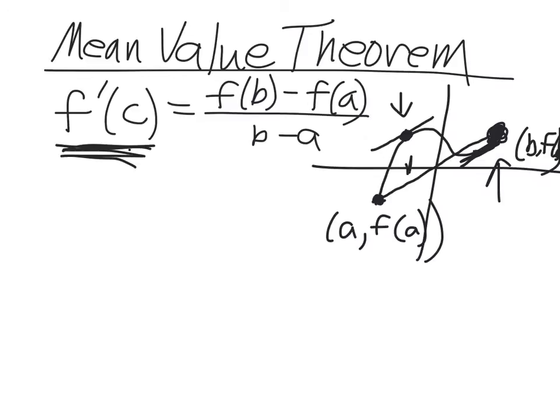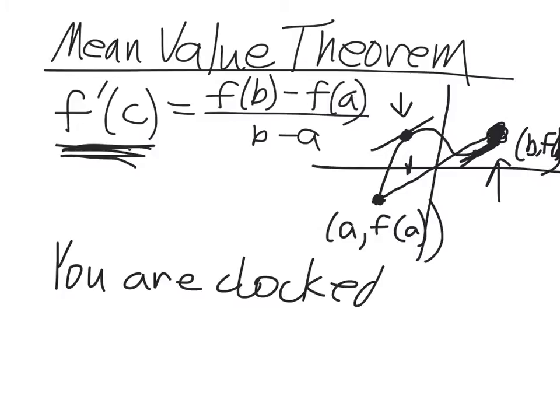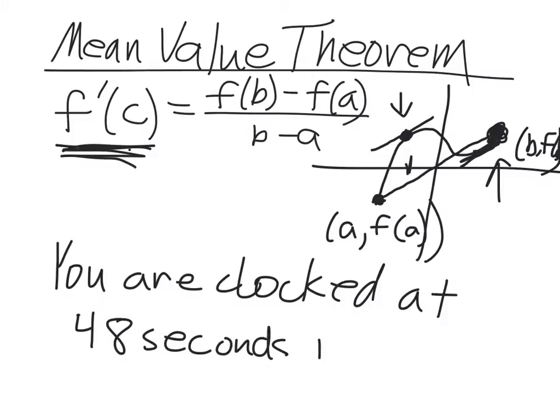To be able to tell how fast a vehicle is traveling, police officers clock the vehicle, and let's say that you are clocked, you're timed at 48 seconds in 1 mile.